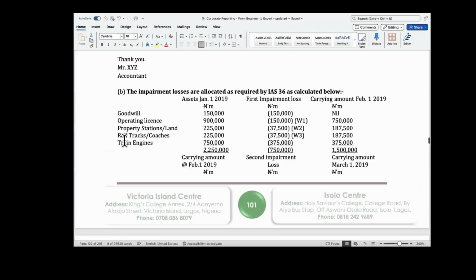But ordinarily, if they hadn't mentioned that in the question, you would have allocated. If they didn't tell us that the engines are measured at their net selling prices, you would have allocated to that remaining twin engine too on a pro rata basis. The only reason we left it out is because it's already at the recoverable amount, the selling price. So you cannot impair below that.